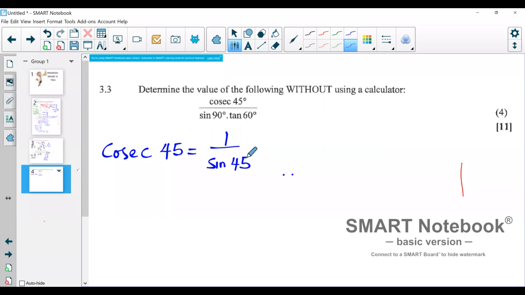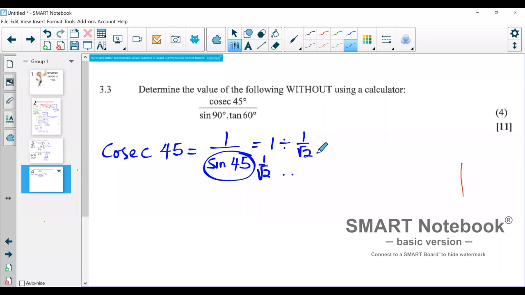Okay, let me look through, and then we can rush through the other things quickly. All right, so cosec 45 is 1 over sine 45. This is basically 1 divided by sine 45, which is 1 over root 2. Everyone follow through now.